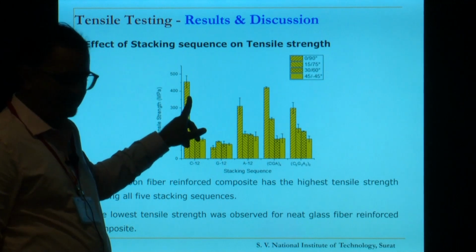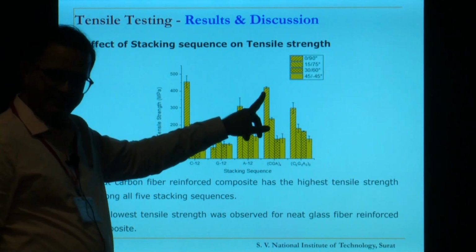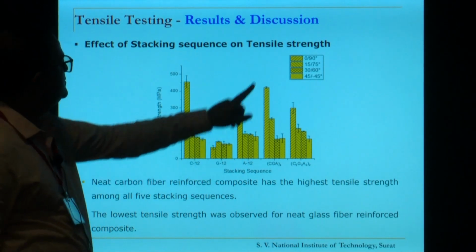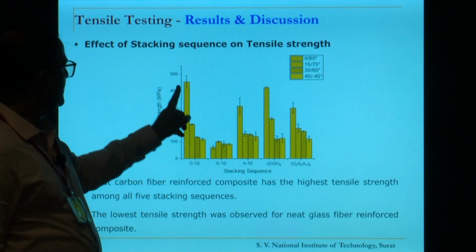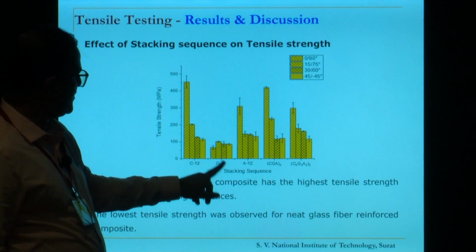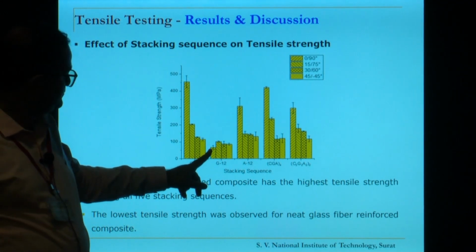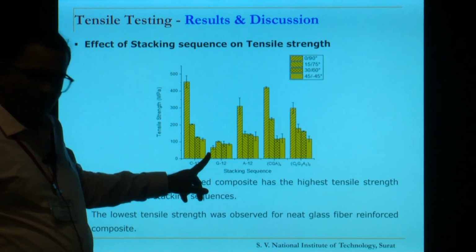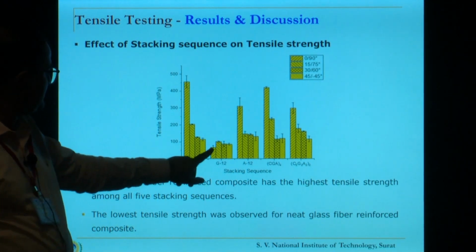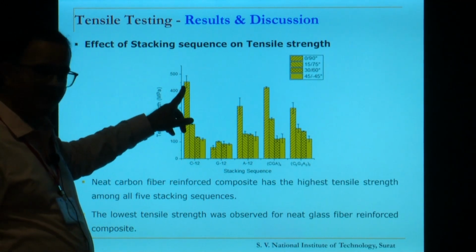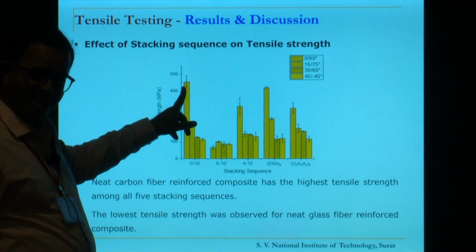But when I go through the detailing through characterization, or even when I go with only glass fiber, this one with 0/90 orientation, all neat glass fibers have the minimum strength over here. That strength is even less than 100, but there the variation is even less than the best result, right.